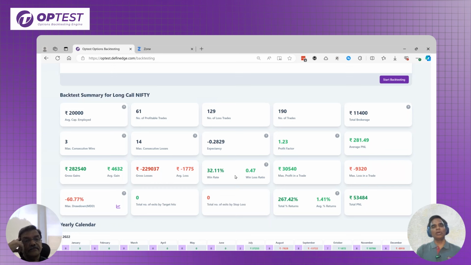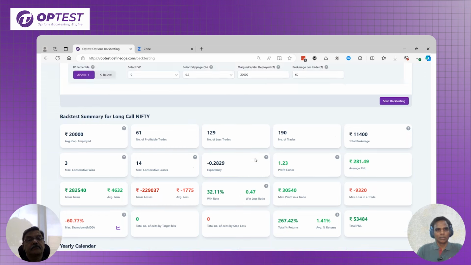If you include this signal along with TOI, then you can reduce the number of loss-making trades, thus improving the expectancy and the win rate. Obviously, the returns here are good, but you can improve them much better using that.